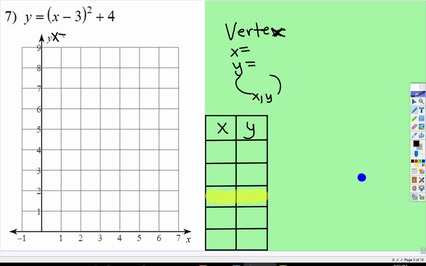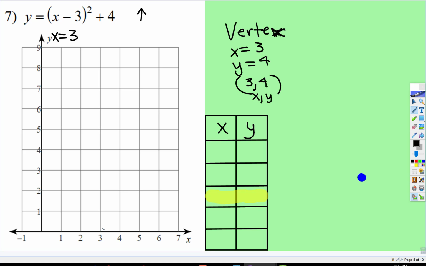So using the zero property, you zero out, x will be the inverse of -3, which is +3. And then since this is on the outside, the y value, you'll shift everything up. So you'll go up 4. So the vertex will be at 3, 4.